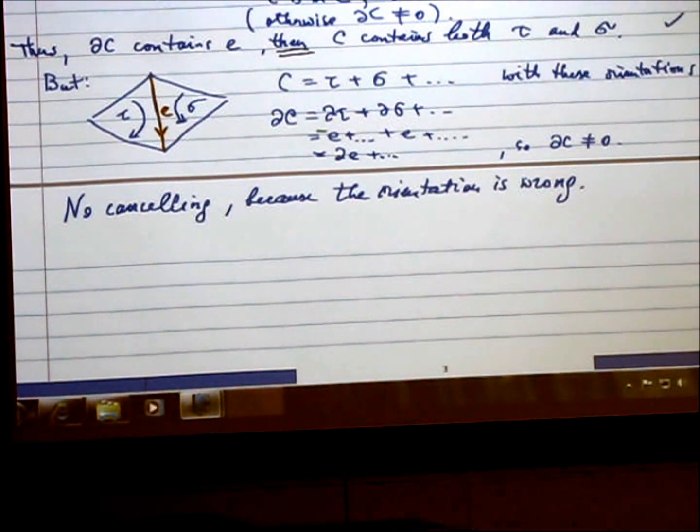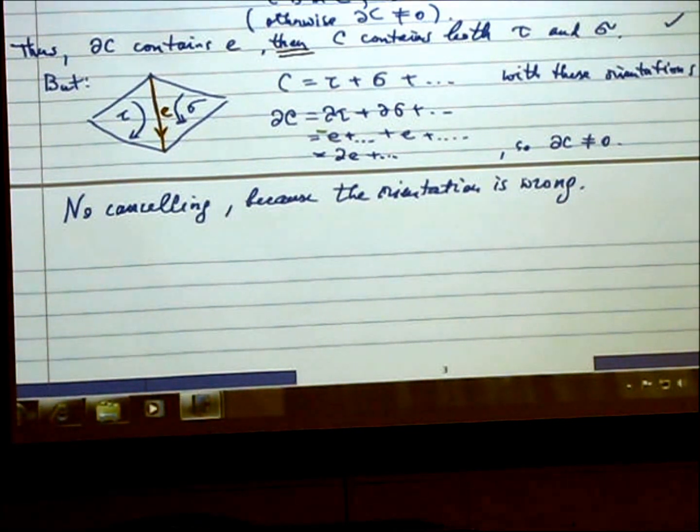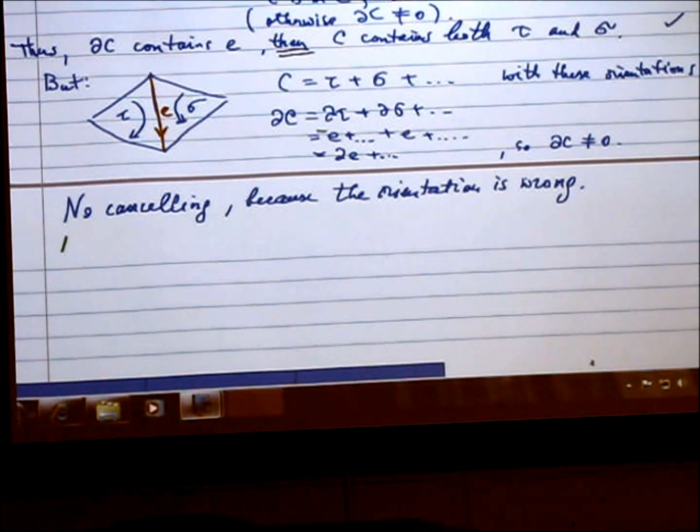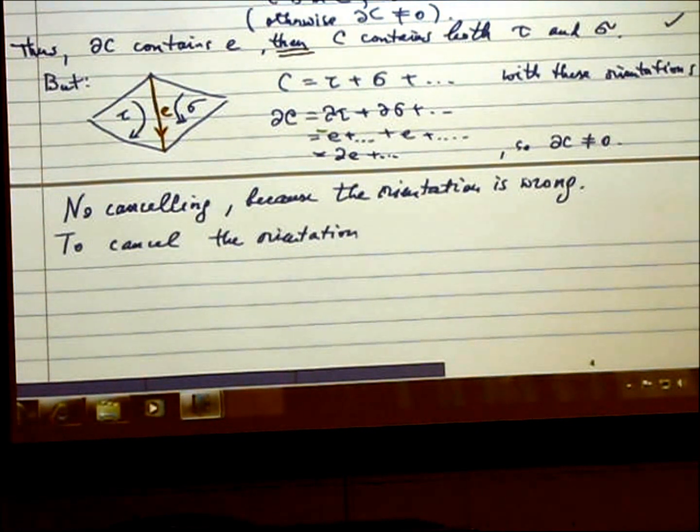So for it to cancel, the orientations of sigma and tau should be compatible in a certain way.